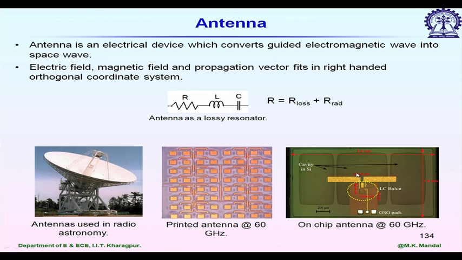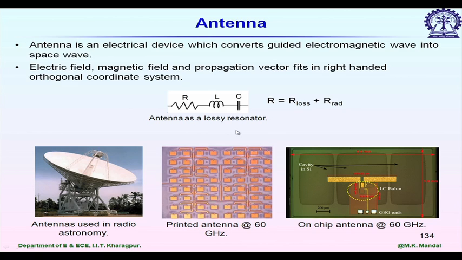A resonating antenna can be represented by a series resonator or by a shunt resonator. In that resonator, we will have one L component, one C component, and in addition one resistive component. This resistance represents the loss inside the antenna structure and the radiation.